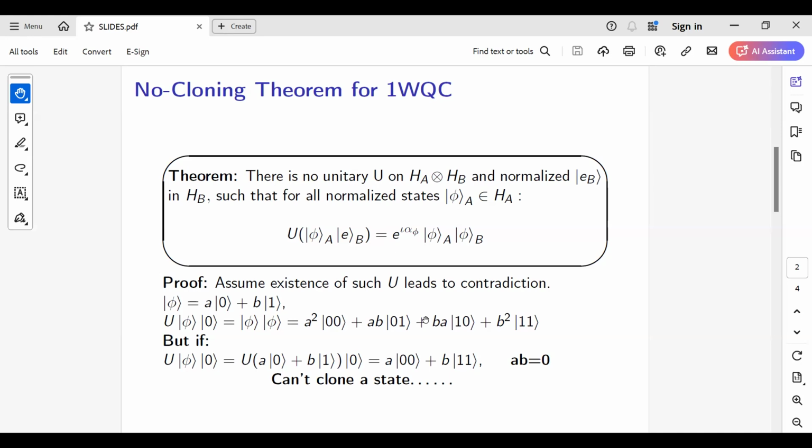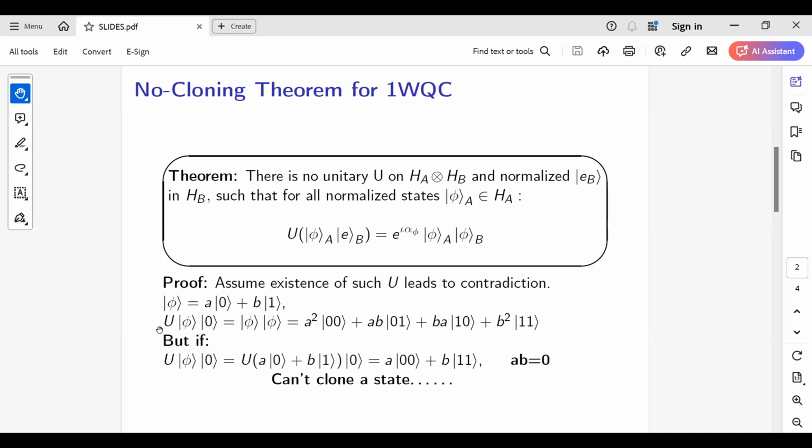Now coming towards the proof of the no-cloning theorem for one-way quantum computing. First of all, let's assume that we have such a unitary operator which can actually implement this operation, that it can clone an unknown quantum state to a known quantum state. Let us define our unknown quantum state. Here A and B are unknowns, but they follow Born's rule, which means |A|² plus |B|² should be equal to 1.